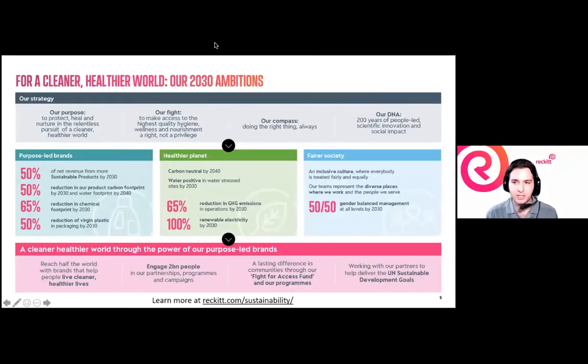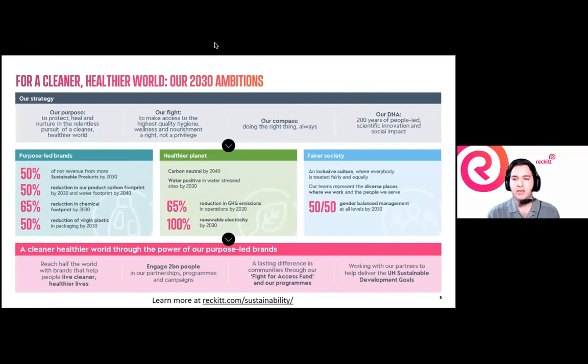So I've mentioned it a couple of times, but in March of this year, we launched our new sustainability ambition for a clean and healthier world. And that company purpose, fight and compass are at the core of what we do. And it means that we have a very purpose-led business strategy. And these sustainability ambitions are an integral part of that.